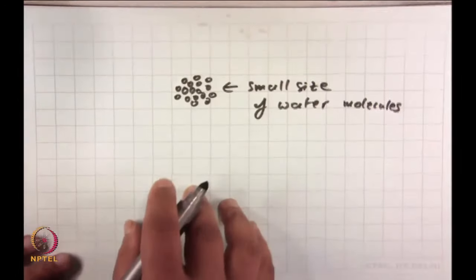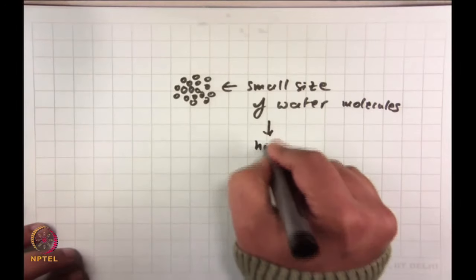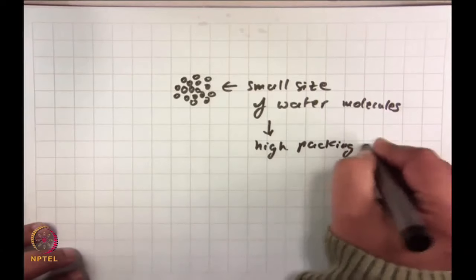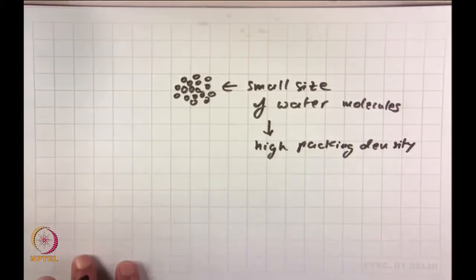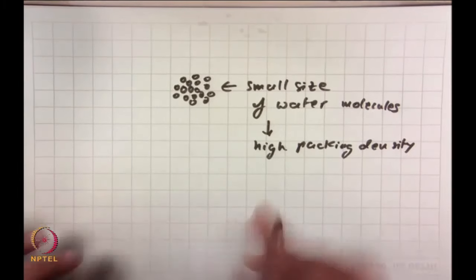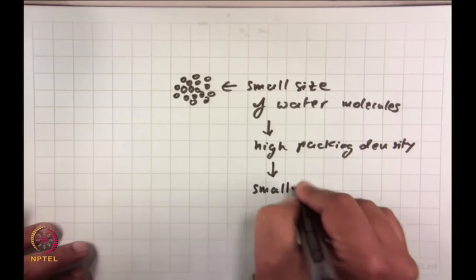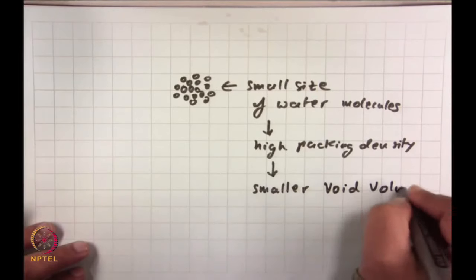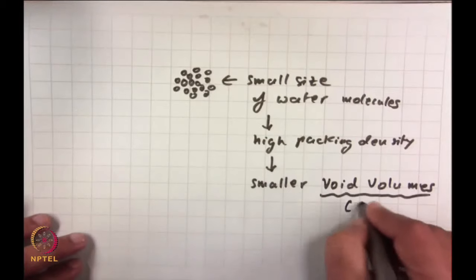If the size is very small, what would it lead to? It would lead to high packing density, that is, smaller void volumes, which is essentially your cavities.